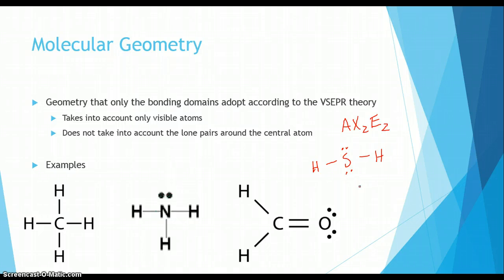So if you look back on the molecular geometry handout, find the 2 bonding domains, 2 non-bonding domains, and that'll give you bent, or if you want, angular. Okay, and again, that's not "butte," a really bad spelling of beautiful, it's bent. Moving on.